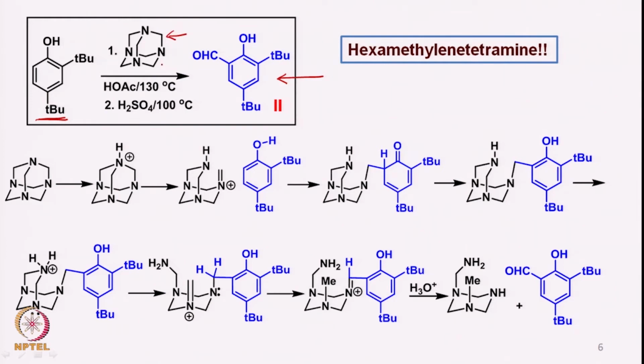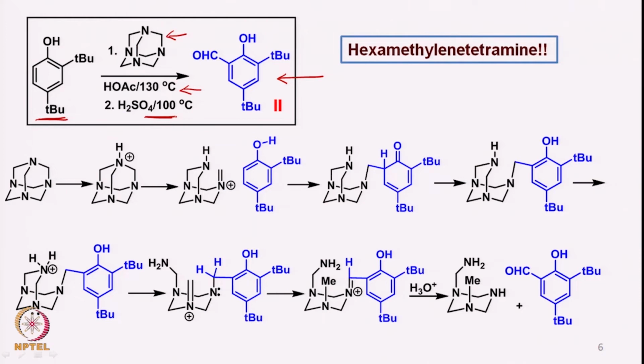As you can see, there are 4 nitrogens and 6 methylene groups which are present. When the phenol, which is already substituted at the proper position, is allowed to react with this hexamethylene tetramine, in the presence of acetic acid at 130 degrees, followed by of course hydrolysis using sulfuric acid at 100 degrees, we get the corresponding aldehyde.